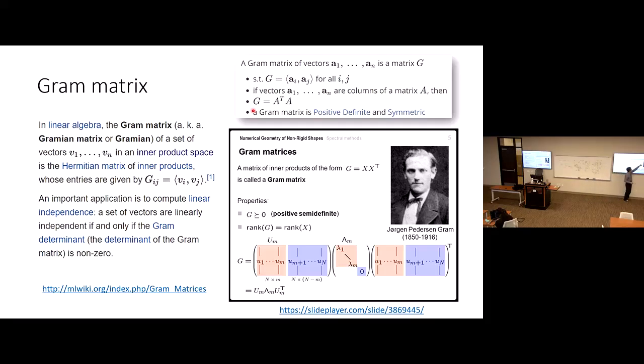In MATLAB, you just write it this way and you get this. You have this X representing your data, then you transpose one of them and multiply it to itself.